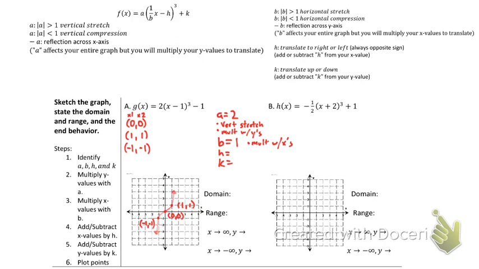My H and K. My H value, again, if you want, you can match them up here. My H value is inside parentheses, and it's going to be adding or subtracting. So if you look, inside parentheses it's -1, but we switch the sign of the H value, so instead of -1, it's +1. And what does the H value do?